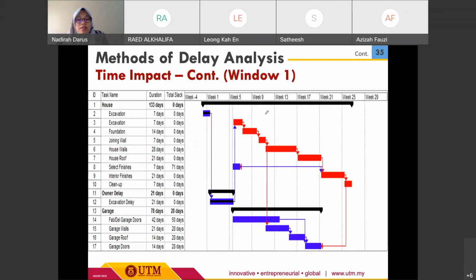Okay, so basically this is the visualization of the first window, and there will be updates on the second one. So that's actually how they need to revise or analyze the delay.